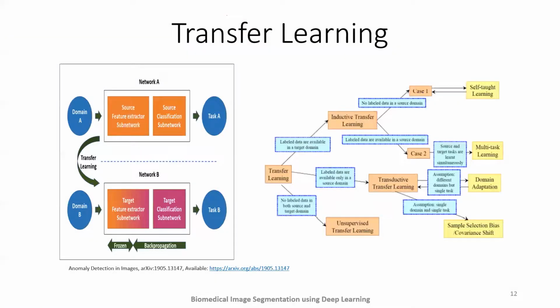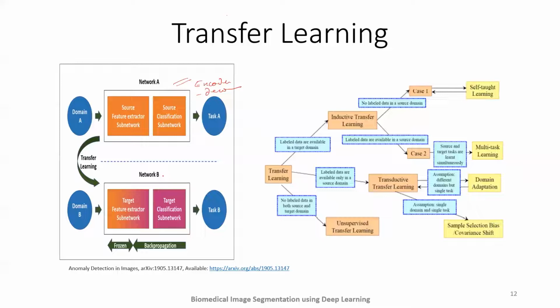Within transfer learning, in a domain A where we assume huge data sets are available, we use an encoder-decoder model, with a feature extractor or encoding network, do the decoding for classification, and learn the model.